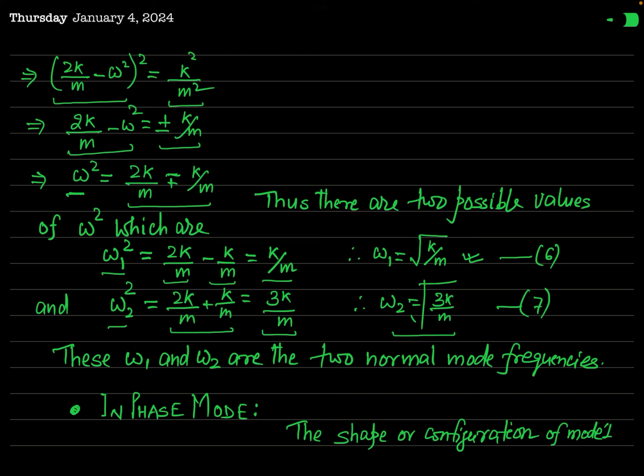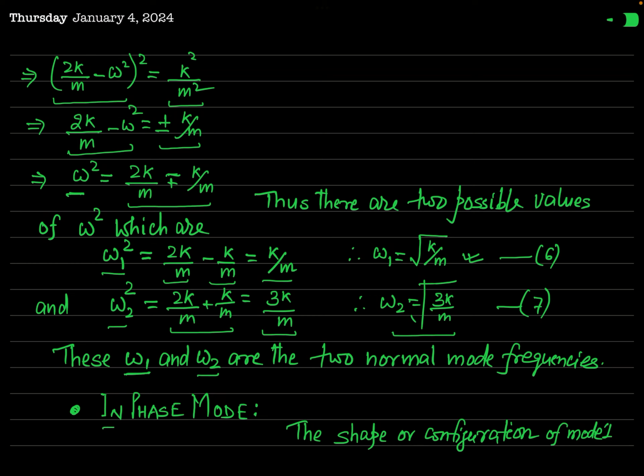Okay. If you call omega 1 the frequency of the first mode and omega 2 the frequency of the second mode, you will see that this first mode will be called the in phase mode, because in this condition both the masses will oscillate in the same phase.